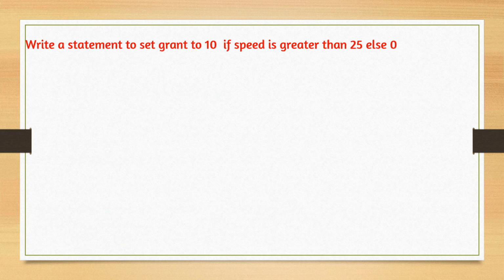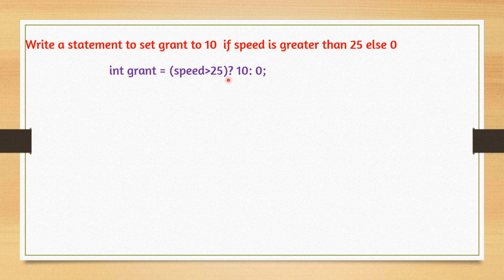The third type of question that can come from the ternary operator is to write the statement. Write a statement to set grand to 10 if speed is greater than 25, else 0. In this case, grand and speed are variables. This was in the 2006 paper. So here is how we can write the statement: int grand, and speed is the variable name, speed greater than 25.